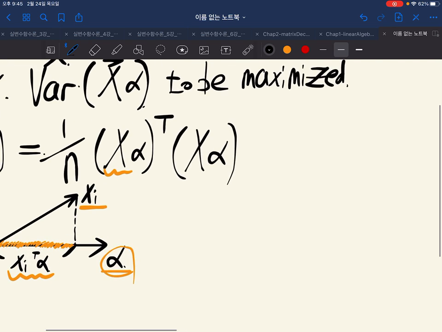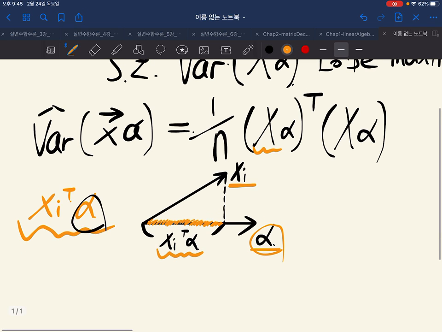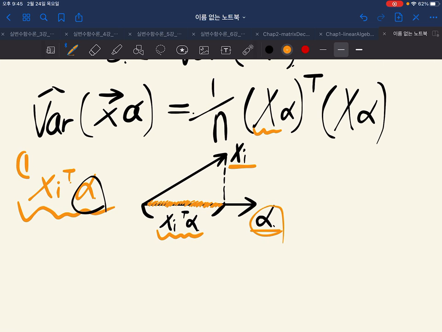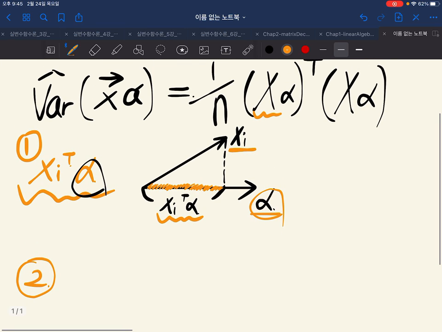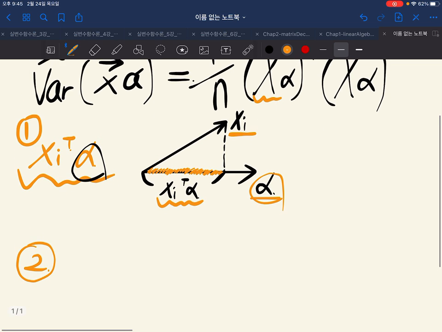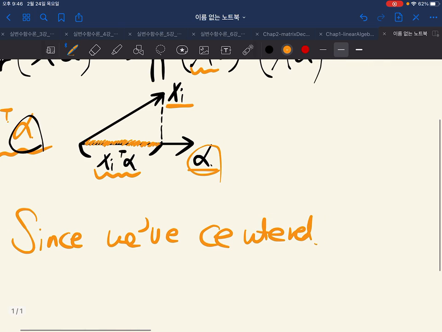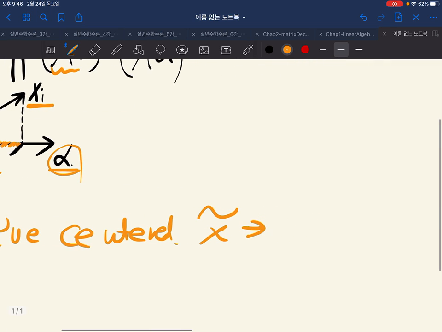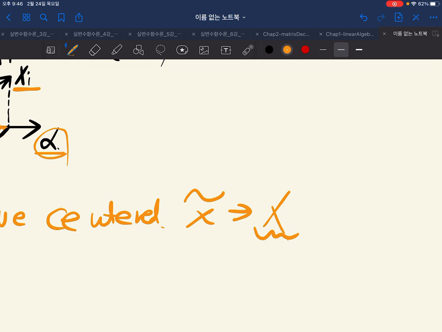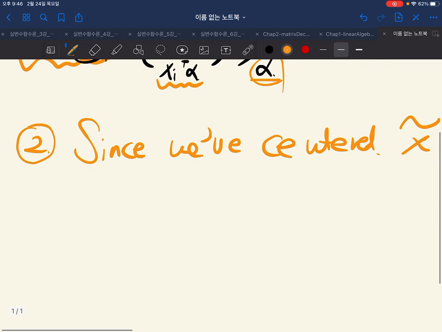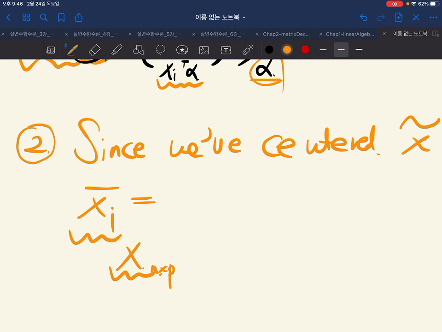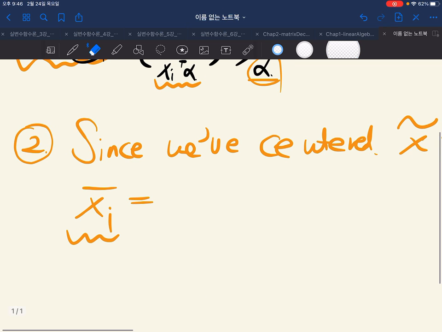So it means that, and there's one more thing to note, which is that since we have centered the column vectors of X, the sample mean of respective column vectors of matrix X, so here not X tilde, the matrix X, is 0.